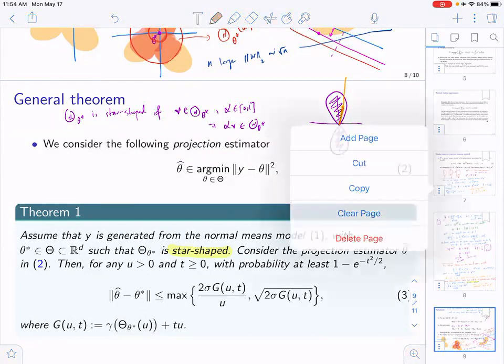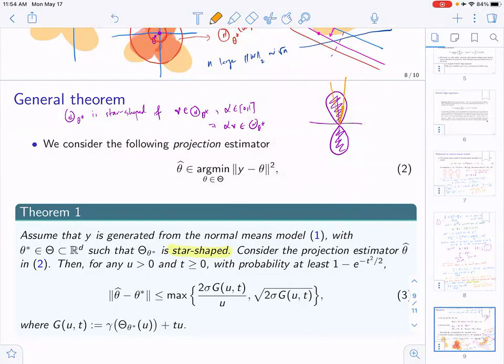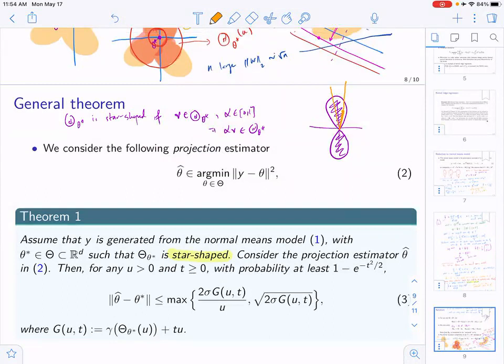So basically, the intersection with any ray from the origin is convex, if I'm not wrong. If you look at the ray, the entire thing would look like a line segment.